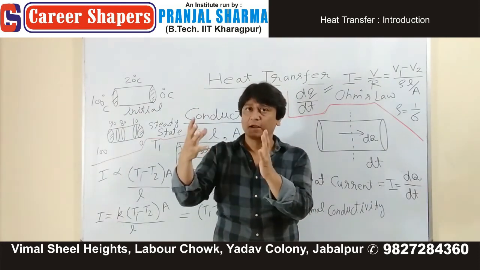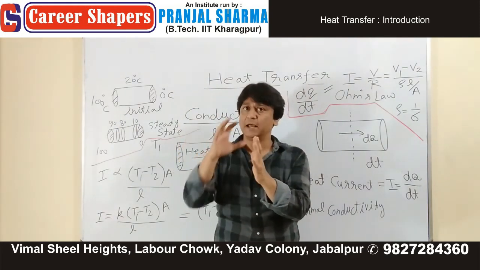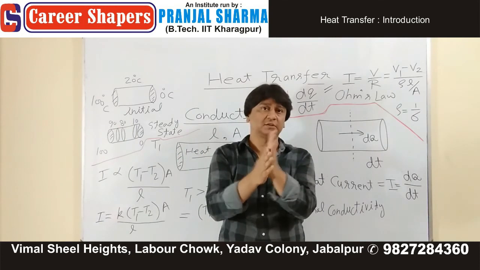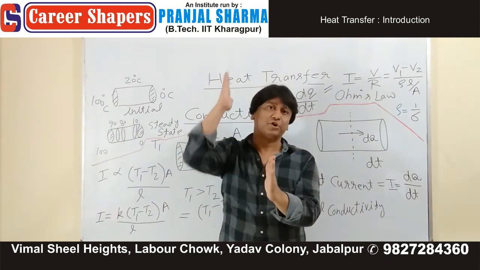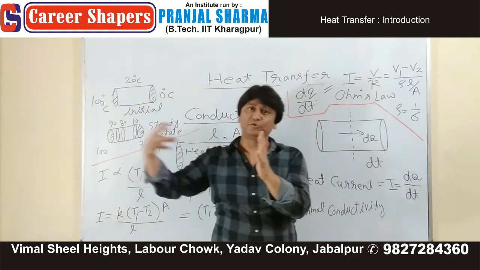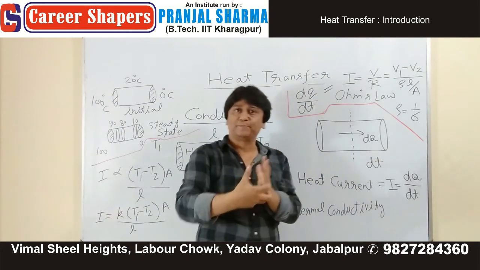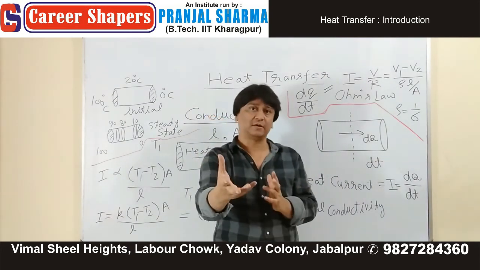But if any part of this 35 joules per second is kept by this, then its temperature will increase. So what it does, it lets this 35 joules per second pass through it without absorbing any of it.